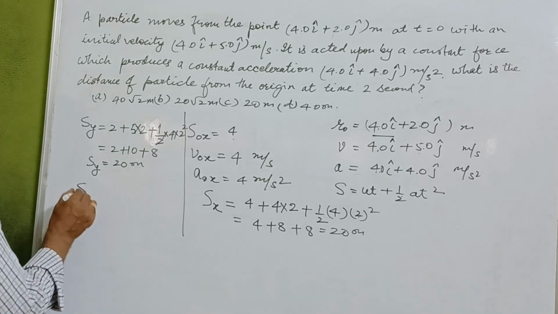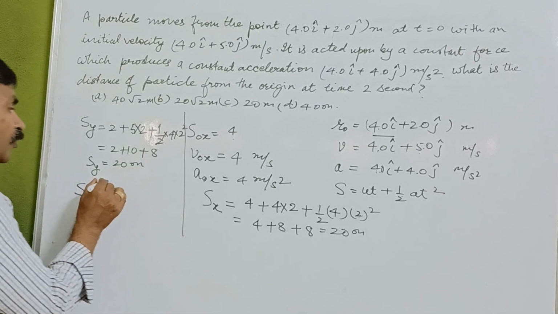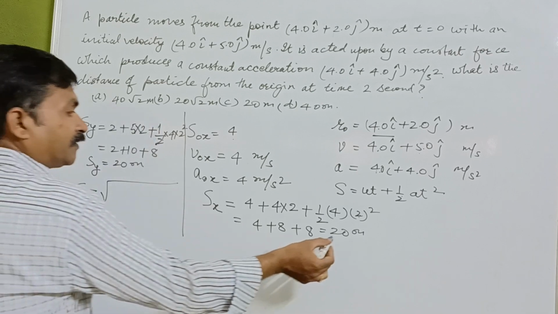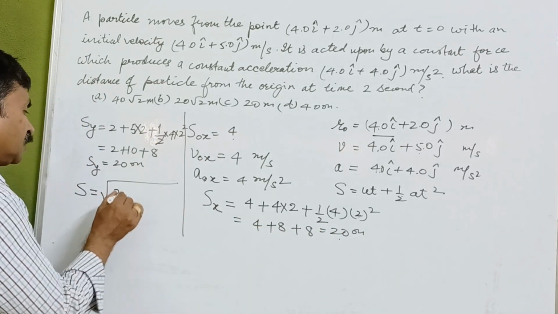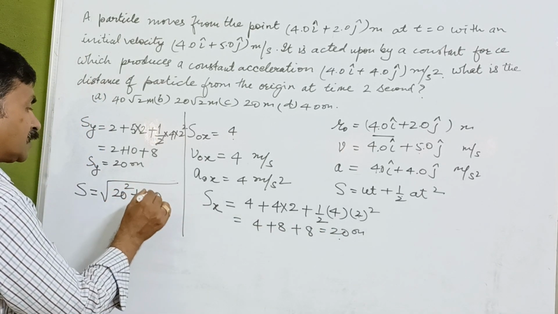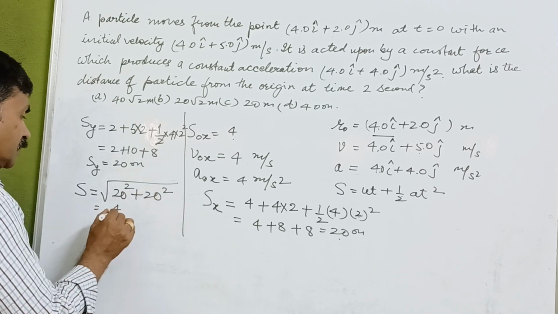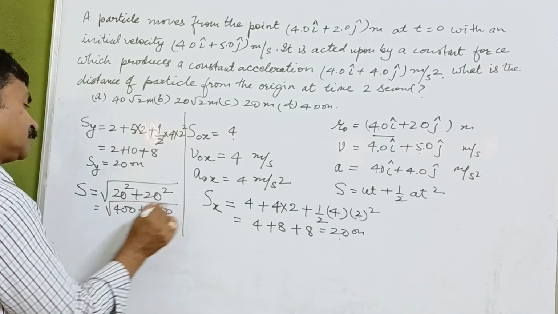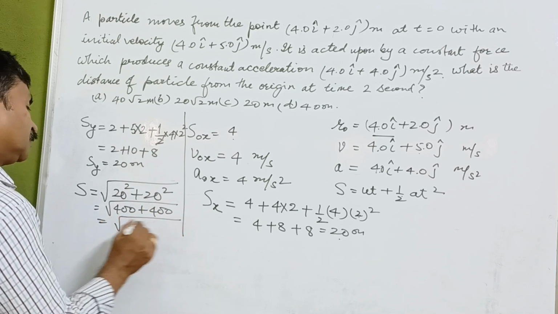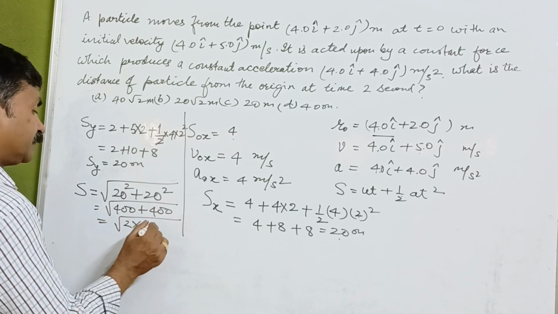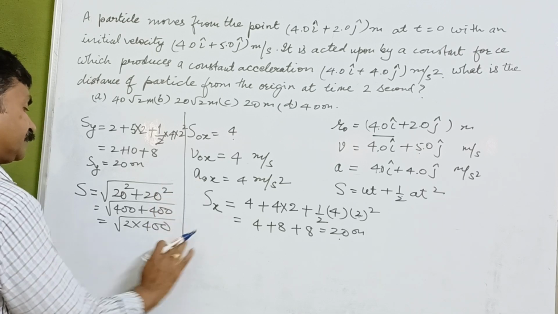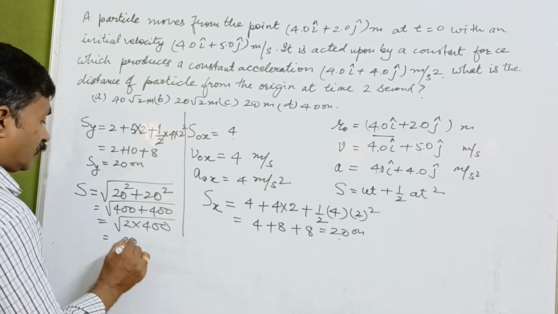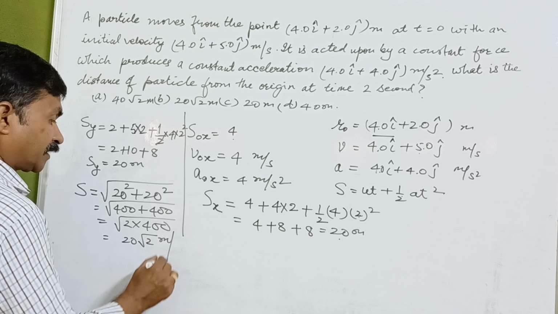So the distance which we will have in total will be given by the square root of 20 square plus 20 square, that is 400 plus 400. So we will have 2 into 400, that is 20 root 2 meter.